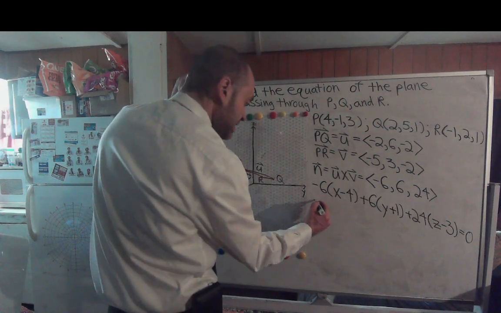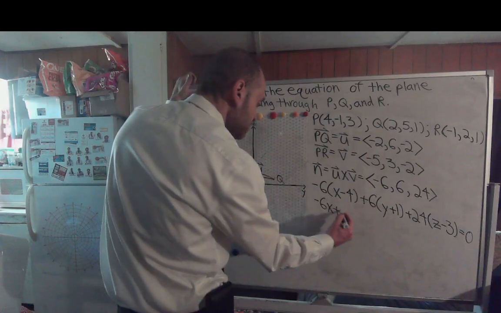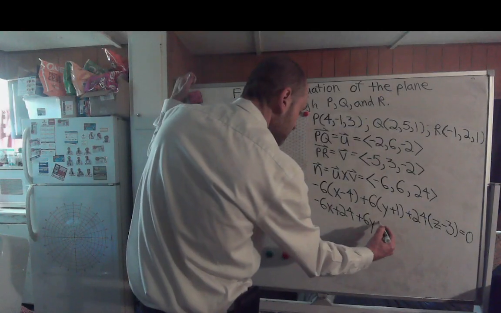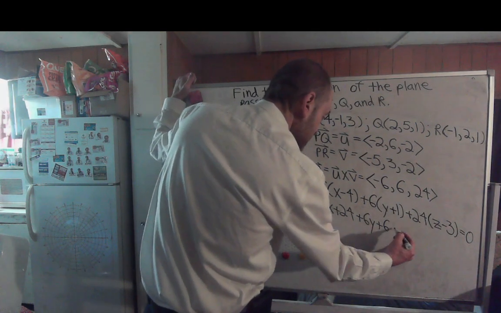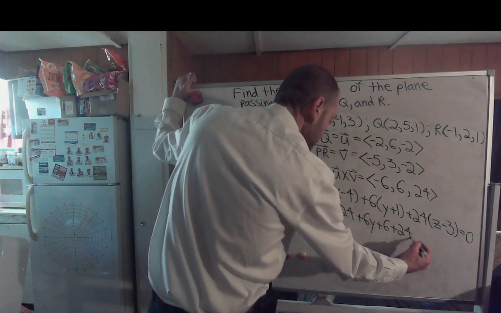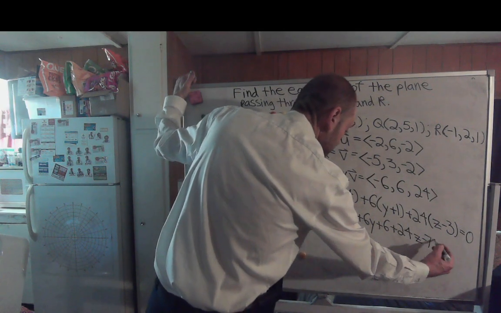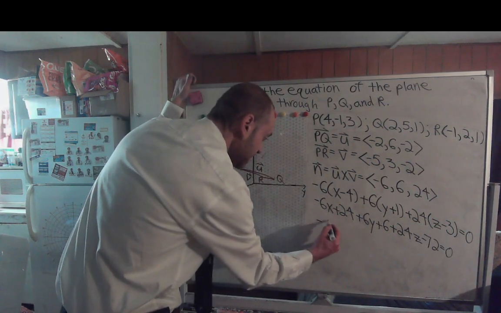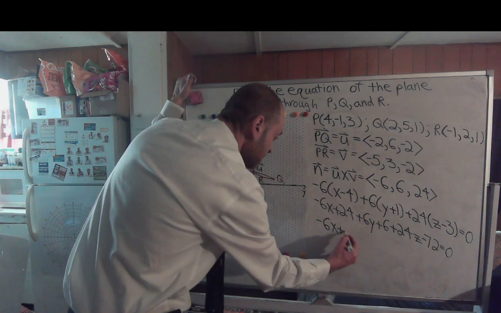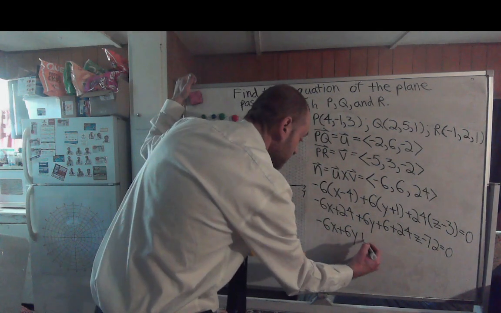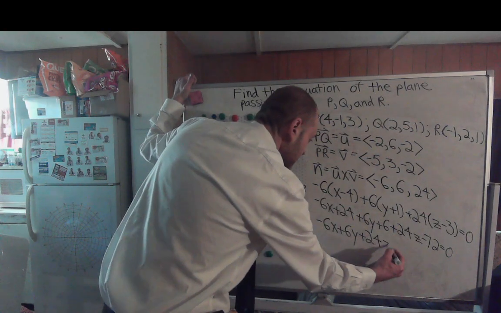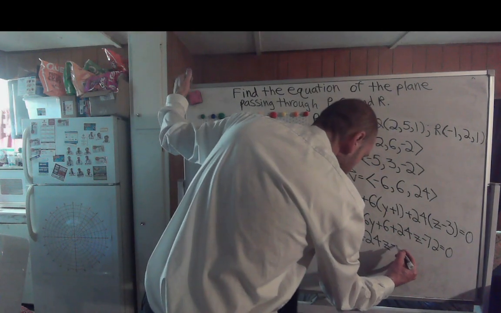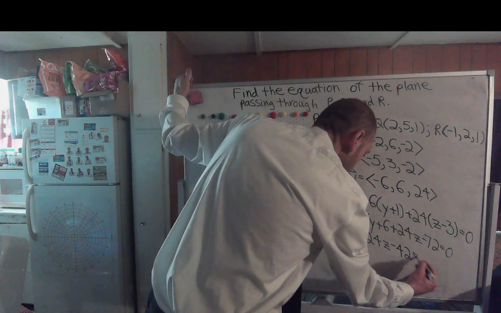You would end up getting negative 6x plus 24 plus 6y plus 6 plus 24z minus 72 is equal to 0. Then we simplify this, you should end up getting negative 6x plus 6y plus 24z. And then 24 plus 6 is 30, minus 72, that's minus 42, equals 0.